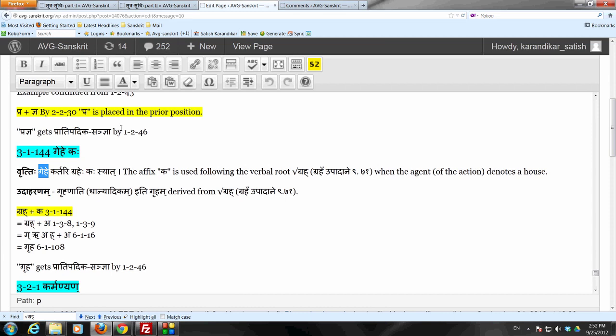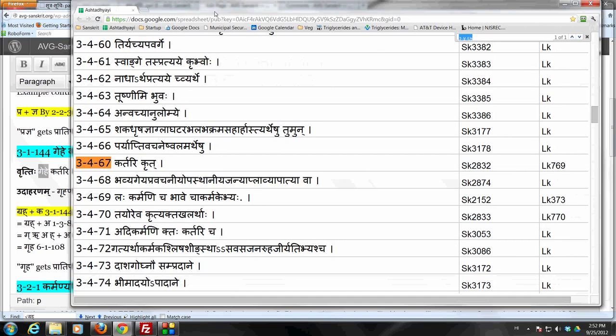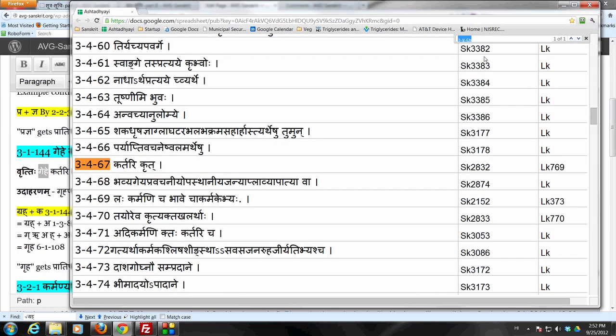Or if you bring the anuvritti of grahehe from the prior sutram, still we'll have a situation where the point is that the word graham, the pratipadikam graha, is well known in the language, and that does not require any upapadam to be there.